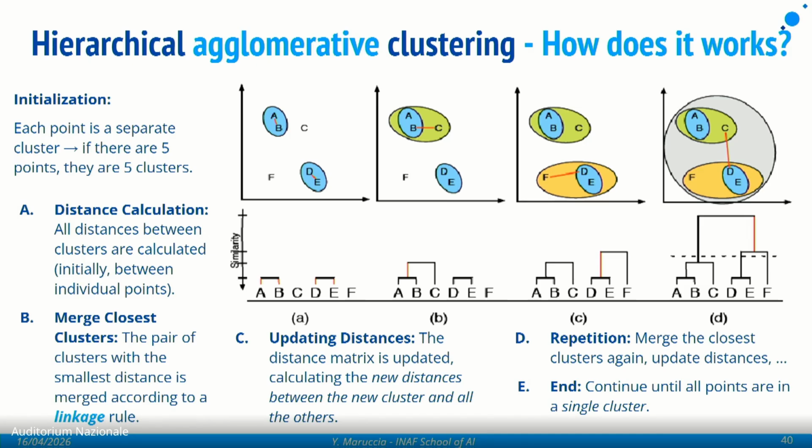And then we update the distances. So we update the distance matrix, calculating the new distance between the new clusters and all the other ones. And then we repeat until the points are in a single cluster, okay? So this is how agglomerative clustering works.